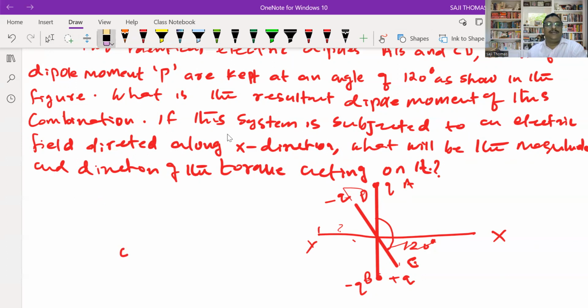One minute, I will draw again. See, this was AB. The second one is CD.